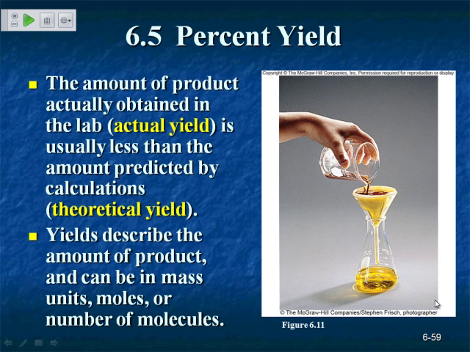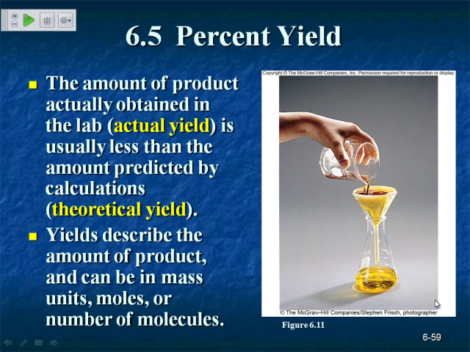All right, so the next topic. Last class 2 weeks ago when we stopped, we had discussed limiting reactants. Now the next topic we are going to discuss is percent yield.